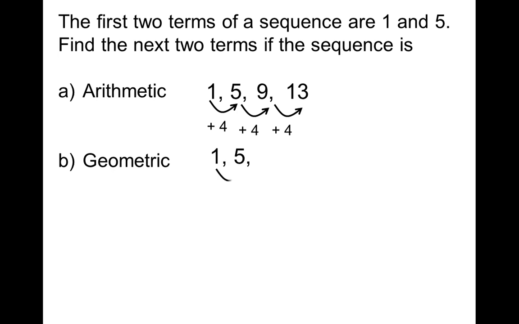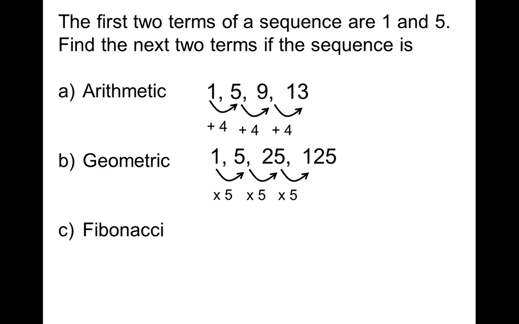So to get from 1 to 5, we multiply by 5. We're going to continue that pattern. So 5 times 5 is 25, and 25 times 5 is 125. And if it's a Fibonacci sequence, then to get to the next term in a sequence, we add the previous 2 terms. So if we add 1 and 5, we get 6, and if we add 5 and 6, we get 11.